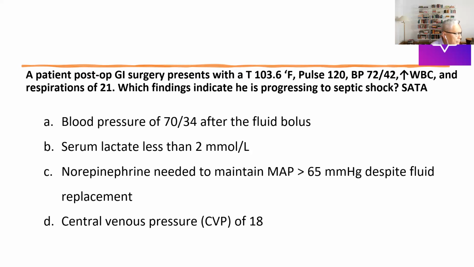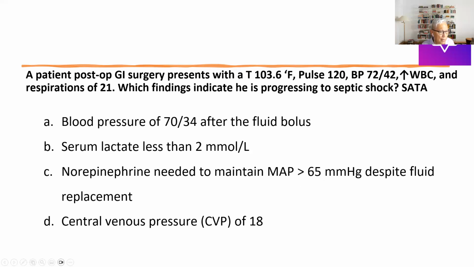So what are some of the other drugs that you can think of that would increase blood pressure that we usually use in patients who are needing resuscitation as far as blood pressure is concerned? Well, you've heard of dopamine, for example. Anything that ends with INE is going to be an example of that.